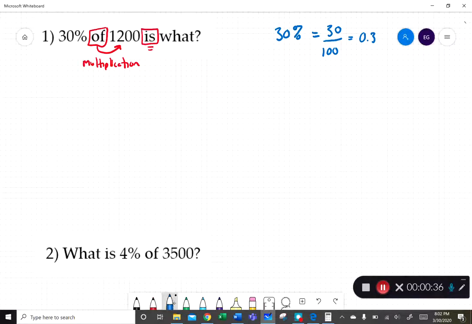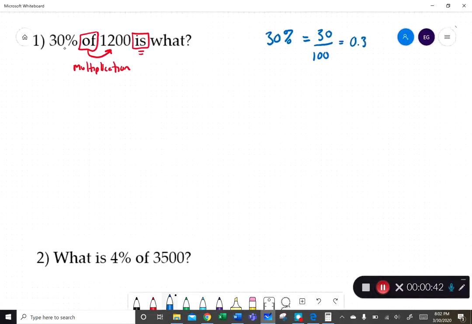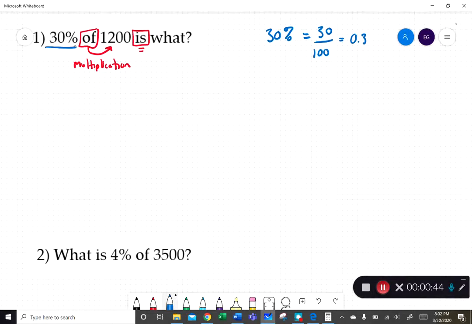So now, when we're translating this sentence into a mathematical equation, 30%, well, if you see over here on the right, 30% is not a number. 30% is more of an adjective. It means 30 parts per 100, or 30 divided by 100.